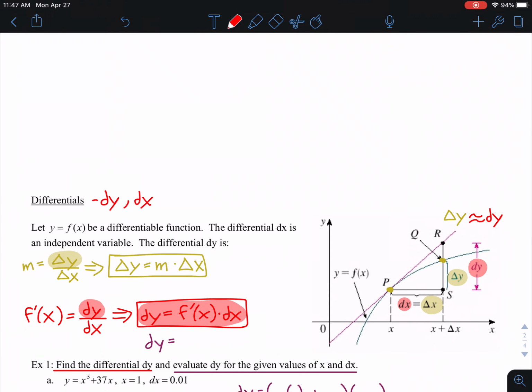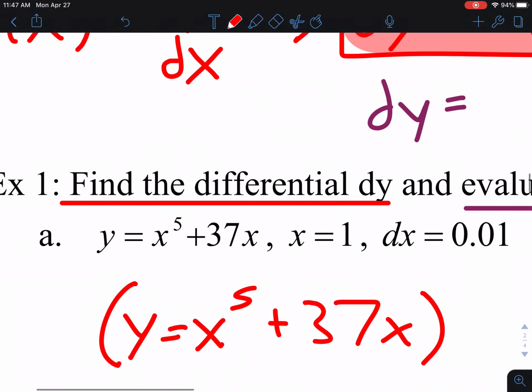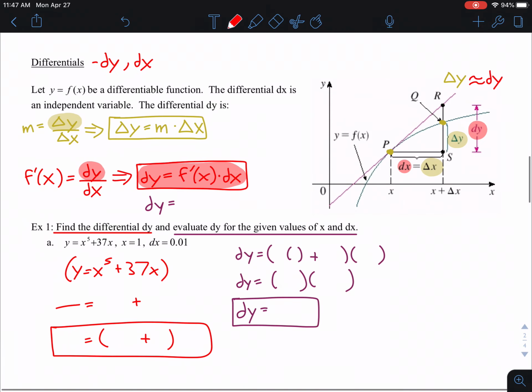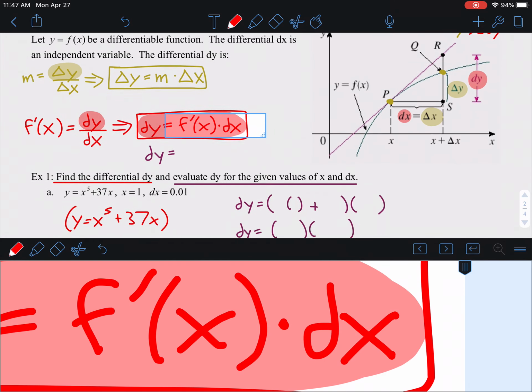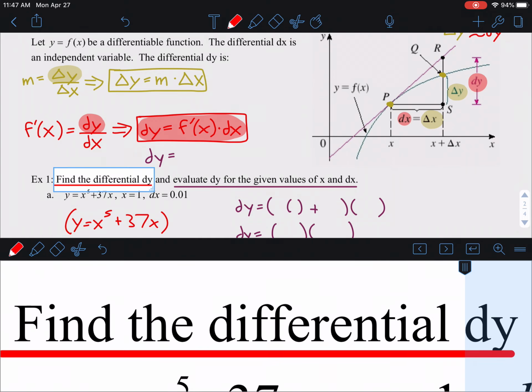All right, so example 1 says find the differential dy. So again, I'm going to do a full stop here, right? I'm not going to read anything past this. We have a function y equals x to the fifth plus 37x. Okay, and so what I'm going to do now is find the differential dy.